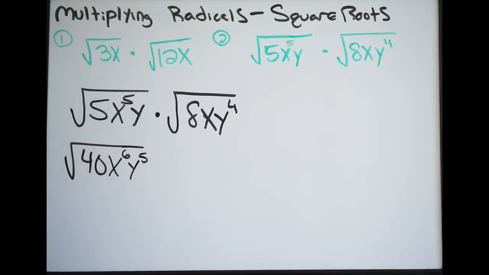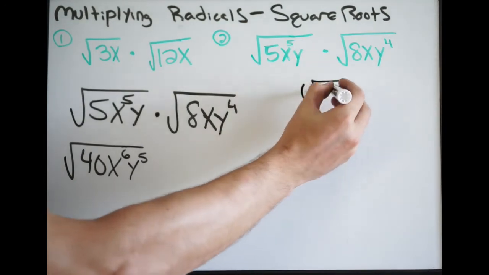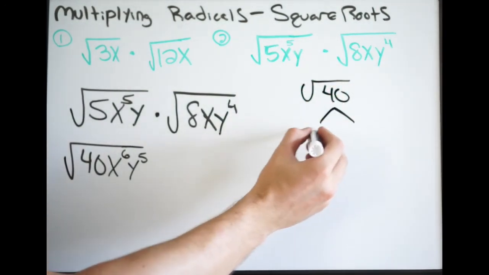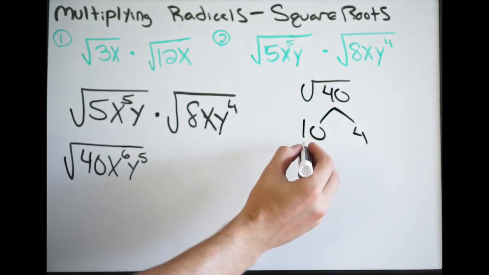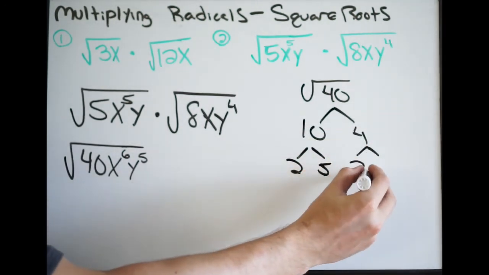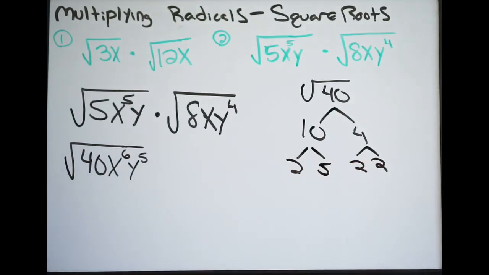Let's work on the coefficient first. So we get the square root of 40. Let's break this down using prime factorization. So we get 10 and 4, 2 and 5, and 2 and 2. Since my index is 2, that tells me that I need 2 of the same number or 2 of the same variable in order to pull that number or variable out.